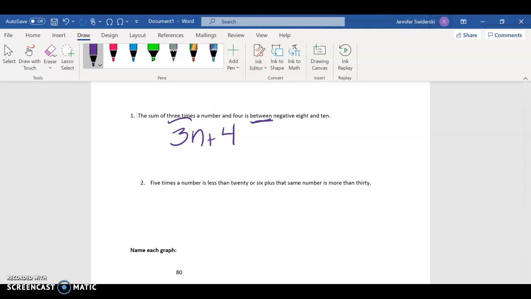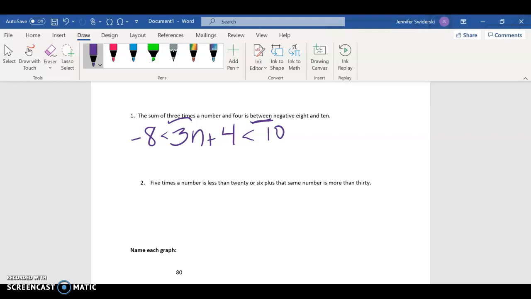So we need to figure out how we can say between with our inequality signs. Negative 8 is smaller, so I always put negative 8 over here and 10 over here. Between, the symbol for that we learned yesterday was those two less than signs.